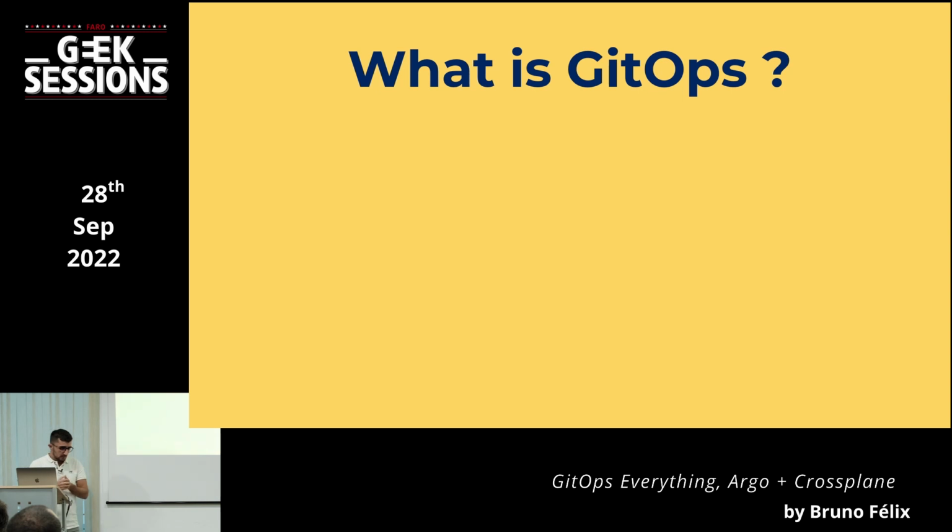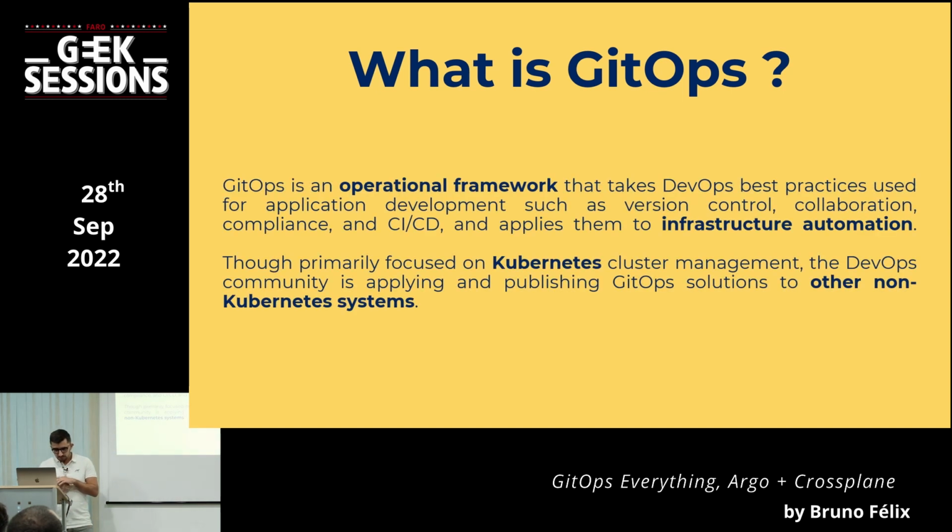So, digging right into the presentation. What is GitOps? Does anyone know what GitOps is? I think yes, of course, but in detail, does someone know? Put your hands in the air if you know it. Okay. So, GitOps, before anything, is an operational framework that takes DevOps best practices.